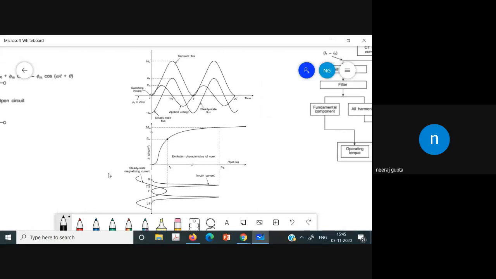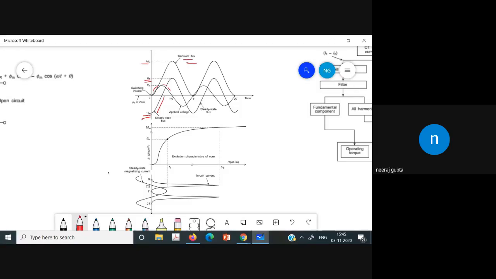So this is actually the steady state flux that we have discussed, and this is the normal voltage, and in T by 2 it covers a rate of change of 2 phi m. Now when we start the transformer from here and the initial residual flux is 0, the rate of change remains the same for the initial period.